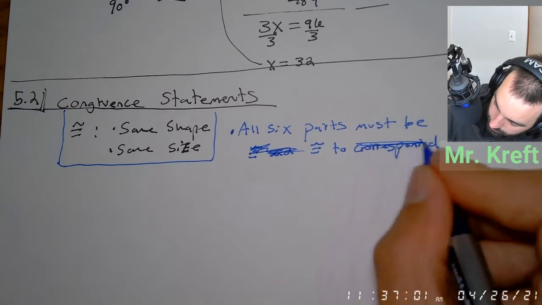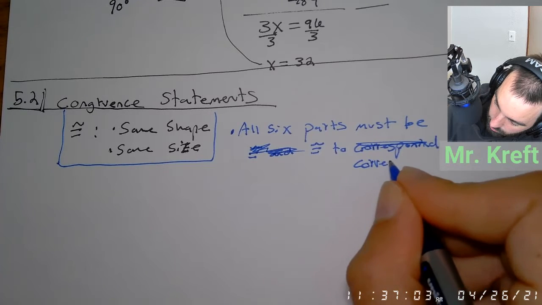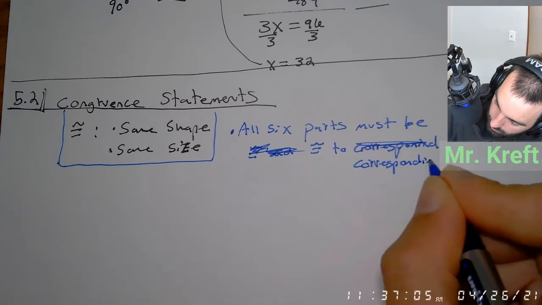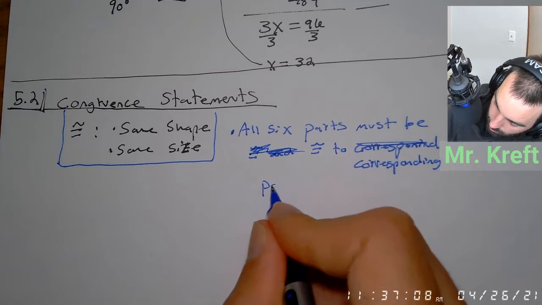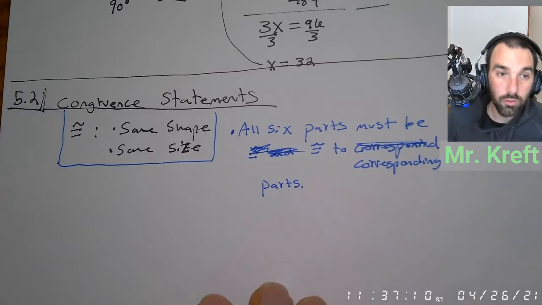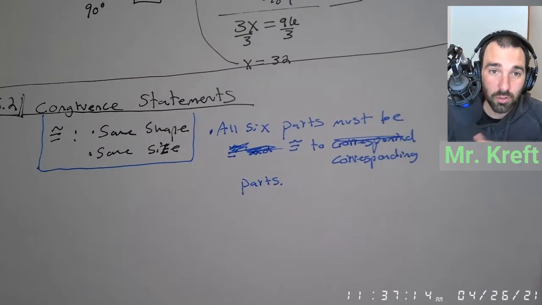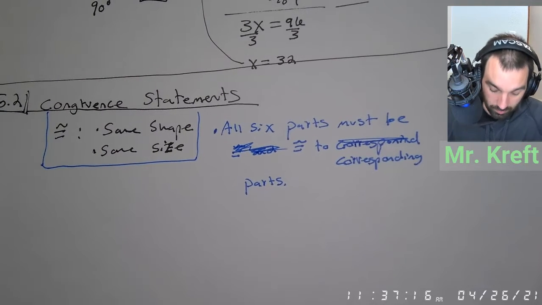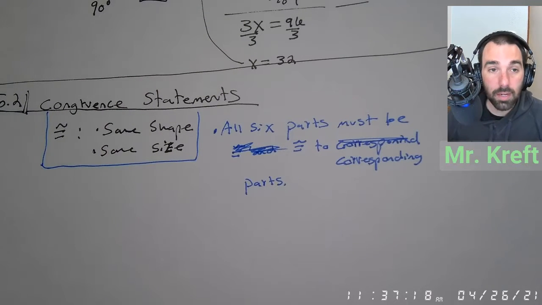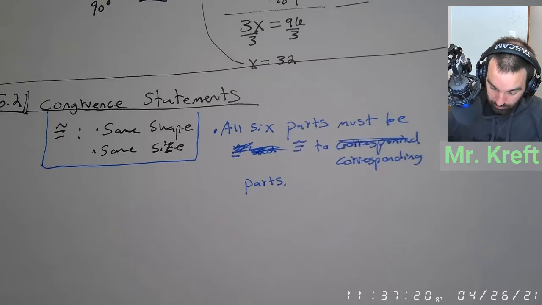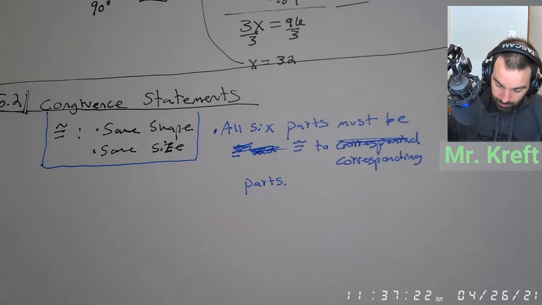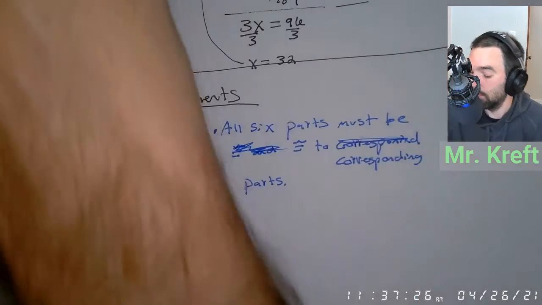Sorry guys, corresponding parts. Okay, so all 6 parts must be congruent to corresponding parts. And what we mean by that is order matters. So order matters.